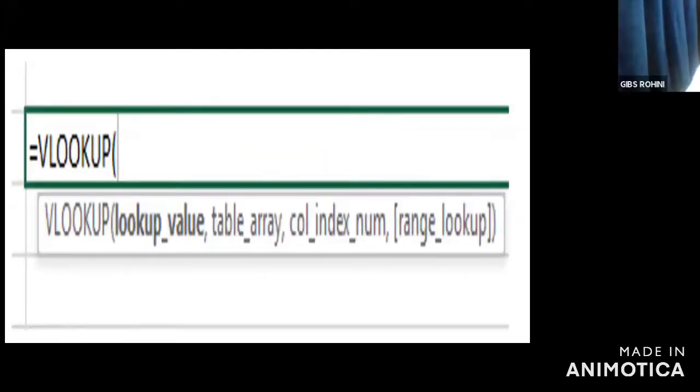Okay. Now, why is VLOOKUP used? VLOOKUP is used to match some particular cell from another data array where a similar cell value is available. We check there and identify the corresponding value.